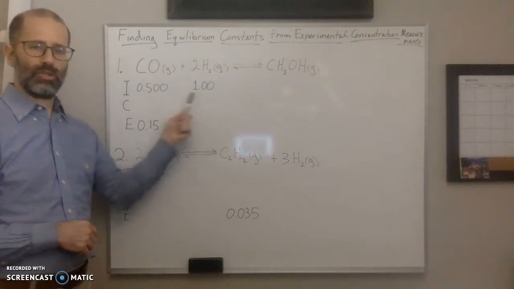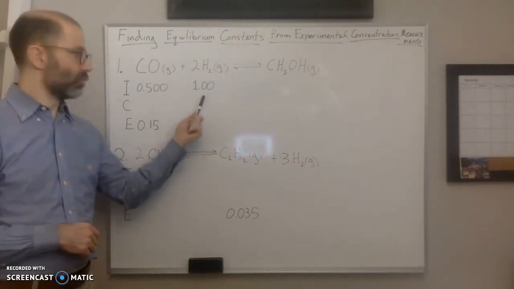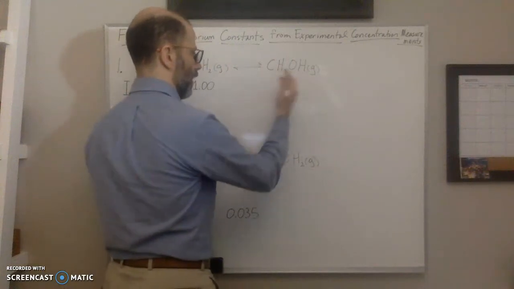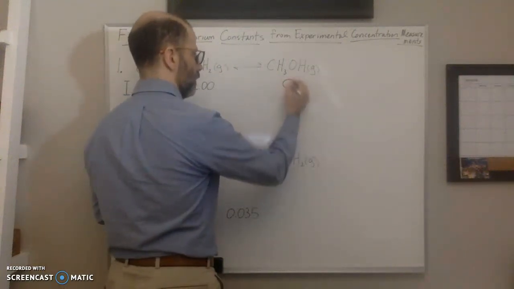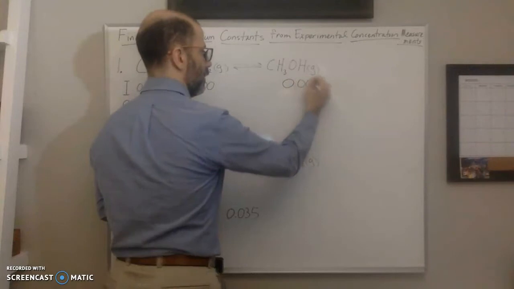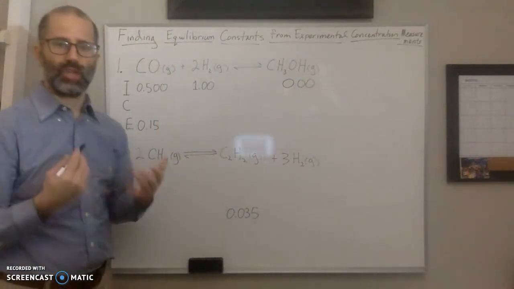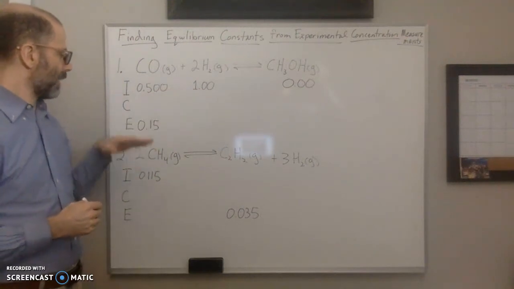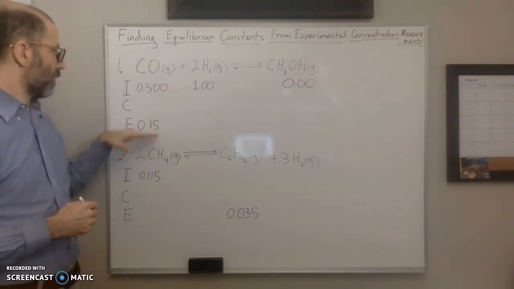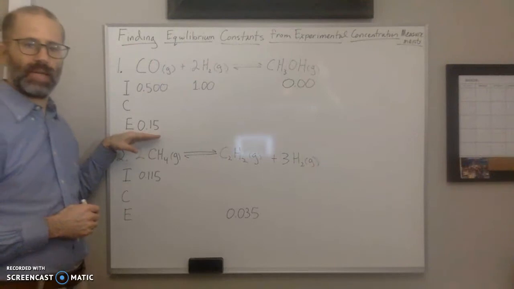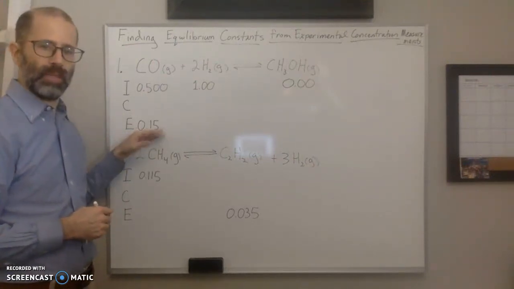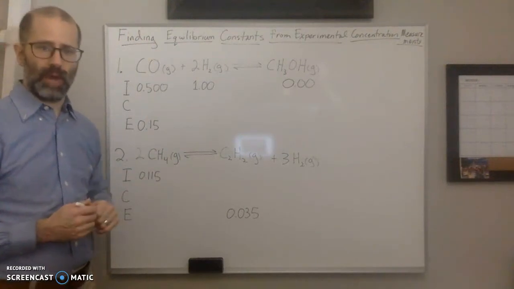The product is 0, so I don't have any product to start with. So these are the initial conditions. And they tell me at equilibrium, my carbon monoxide concentration is 0.15 molar. And that's all they give me in the problem.